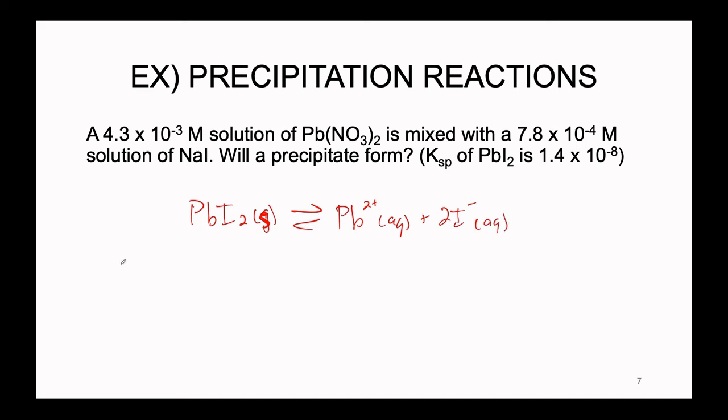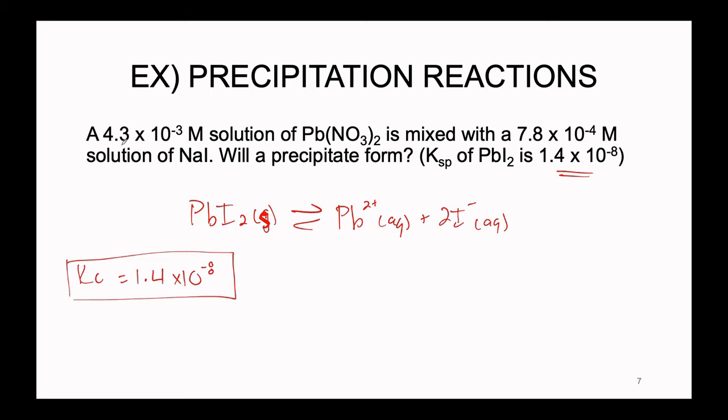So we just saw, and as we have also written already, our Kc is equal to the concentration of our lead 2+ times our iodide concentration squared. Now in the wording of this problem that I have yet to read out loud, we can see it is numerically equal to 1.4 times 10 to the negative 8. So this is going to be the value that we are going to compare our Q to.